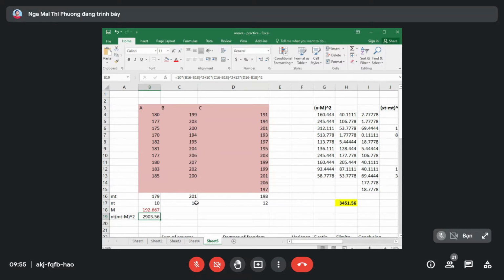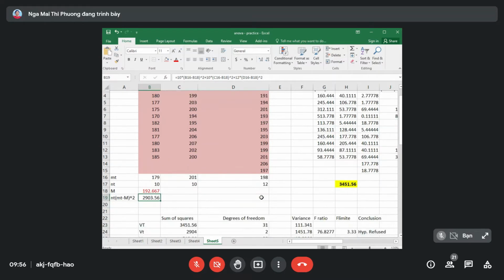NT here is 10 multiplied by MT, which here is 201, minus big M squared. And lastly, you plus NT. NT here is 12, right? 12 multiplied by small MT, which is 198, minus big M squared. So you have the final result: 2,903.